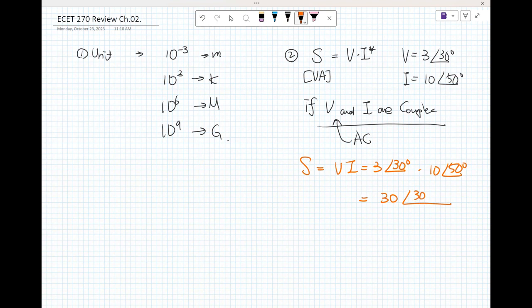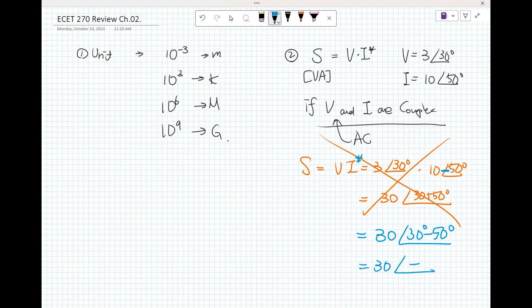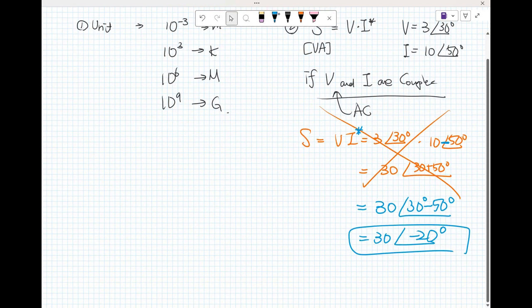This is wrong. Why? Because that should be the conjugate, okay? That means there should be a minus here. So finally, that is 30 degrees minus 50 degrees, and 30 minus 20 degrees here. Okay. All right. Any questions?